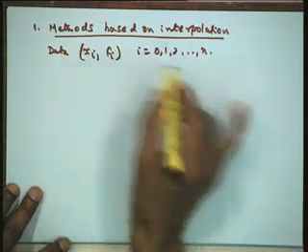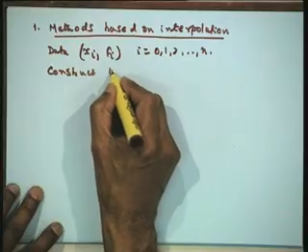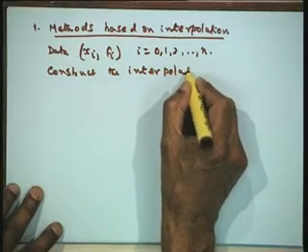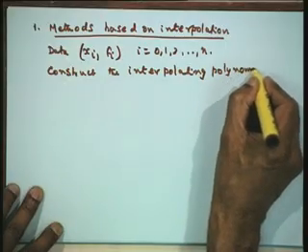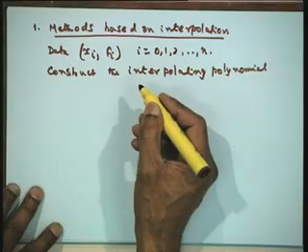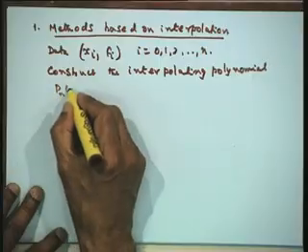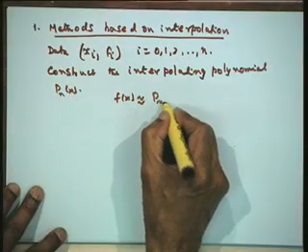What we shall say: construct the interpolating polynomial. It is our convenience which particular polynomial we construct, a Lagrange interpolating polynomial or a divided difference polynomial or any other polynomial. If it is equispaced, we can go to Newton forward or backward. So, in general we are writing an interpolating polynomial Pn(x).